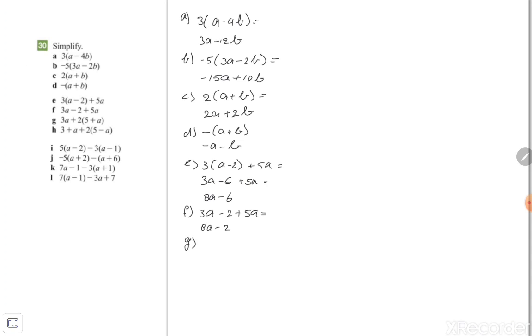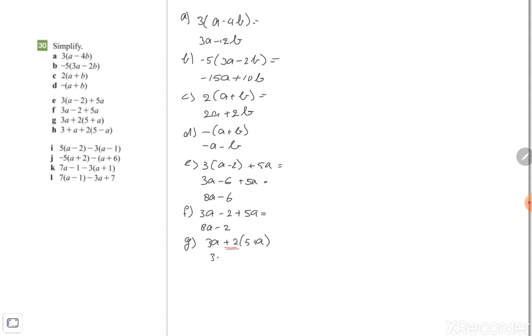G. 3A plus, inside the brackets, 5 plus A, with a 2 in front. The only thing you need to multiply is the 2. So you leave the 3A, you can copy the 3A in the next line.